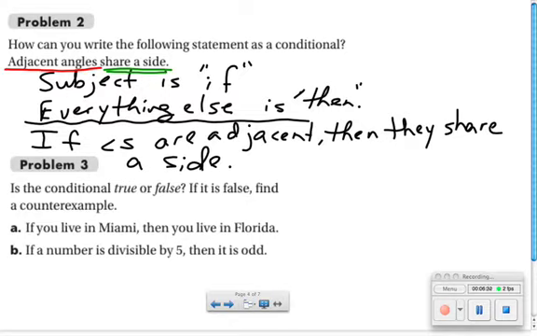In problem 3, they're being asked, is the statement true or false? And that comes back to what I was talking about at the beginning of the lesson with the pigs flying. The only circumstances under which the statement is false is if you can identify a counterexample where the if part is true and the then part is false.